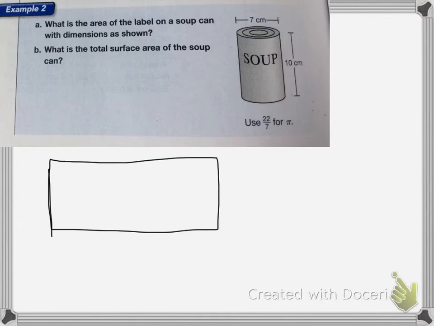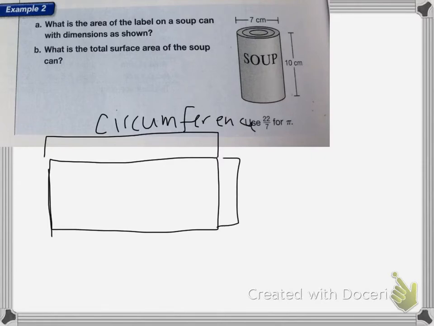Okay, so first, just with this label, the circumference is equal to the length of my rectangle. This would be the circumference of the circle, because that's what it's wrapping around. And then this is just going to be the height of the can.